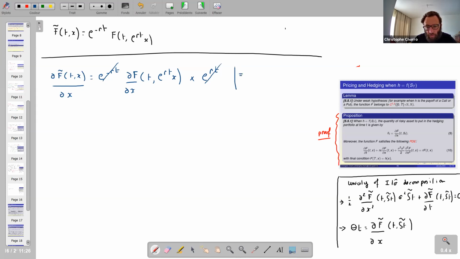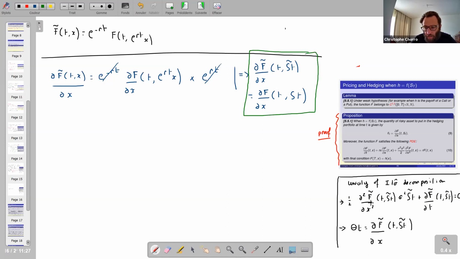And at the end, I obtain that d f tilde over dx of t, S_t tilde is equal to df over dx of the time t and of exponential rt multiplied by S_t tilde, that is just equal to S_t. And this equality and this one imply what I have here.